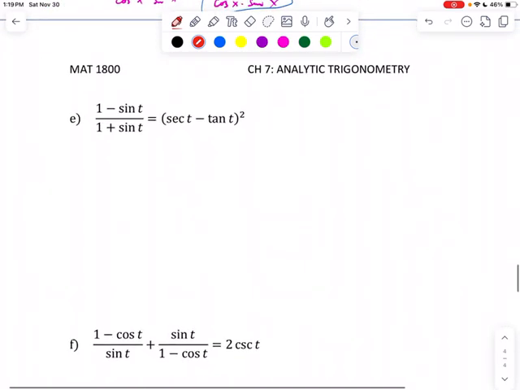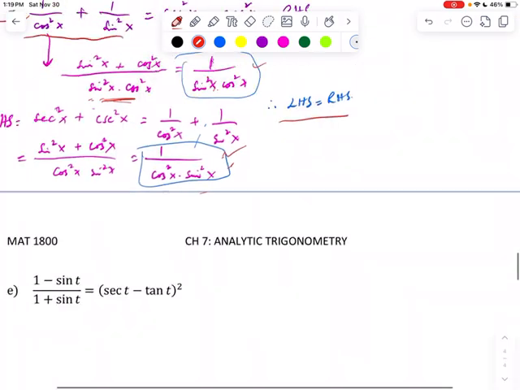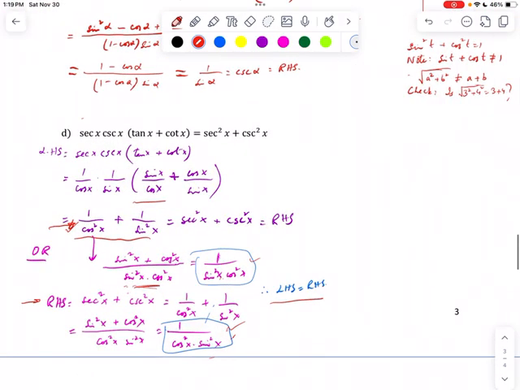Now, by the way, there is another way to do this problem. We could have done it this way as well.